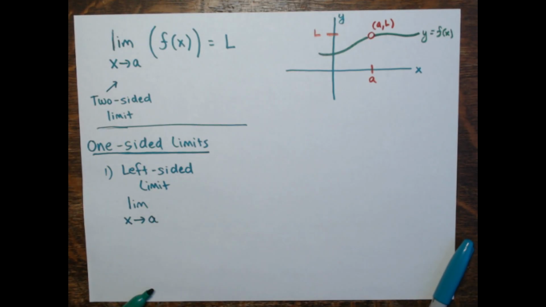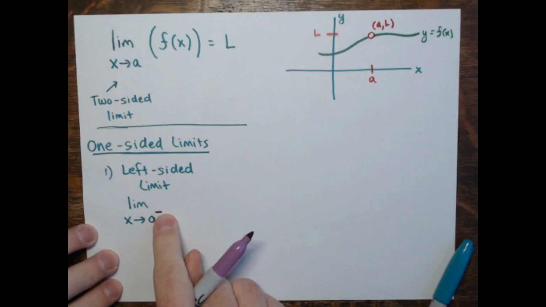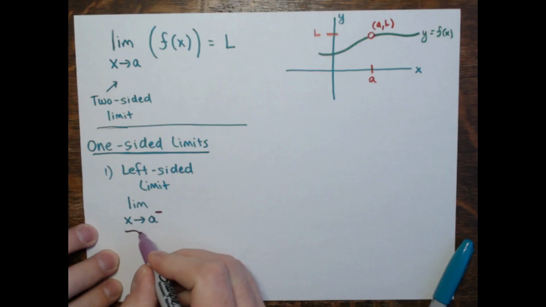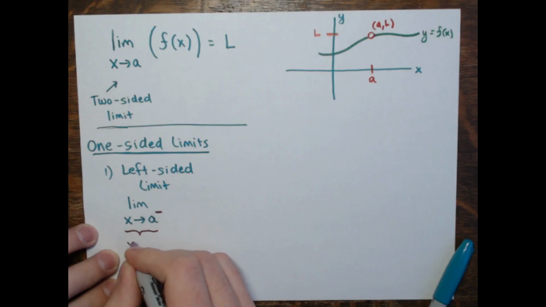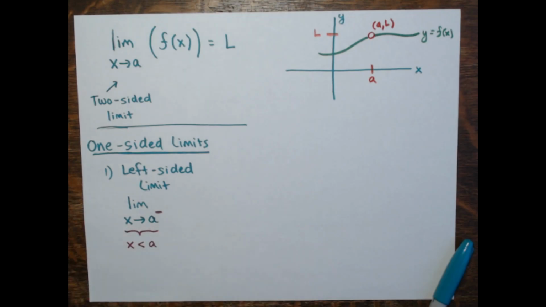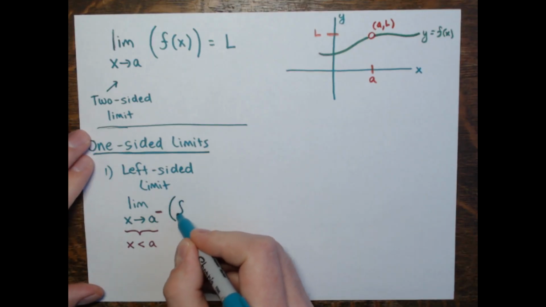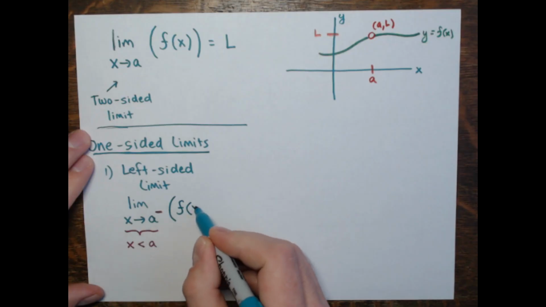To indicate they want you to approach a from the left, you're going to see a little minus sign. It looks like a to the minus power, but that little negative sign means you'd only be plugging in values of x smaller than a, to the left of a. The rest of the notation is the same. That's the only difference, this little minus sign.